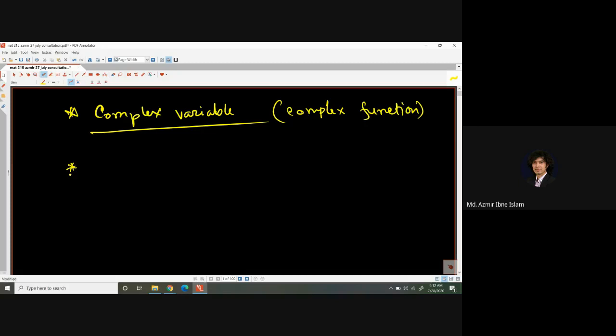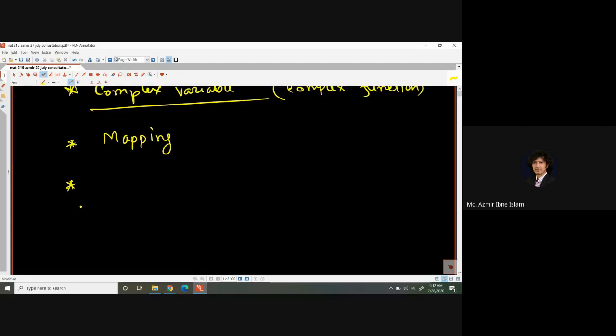Another important part is mapping. Then the third content is limits of a complex function, or we can say the epsilon delta proof.